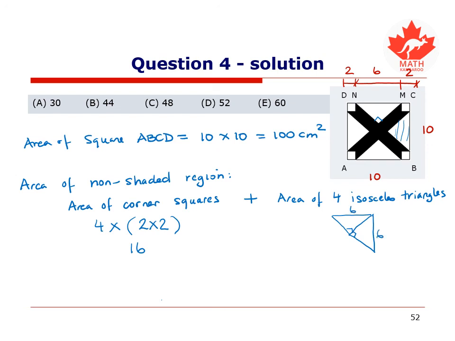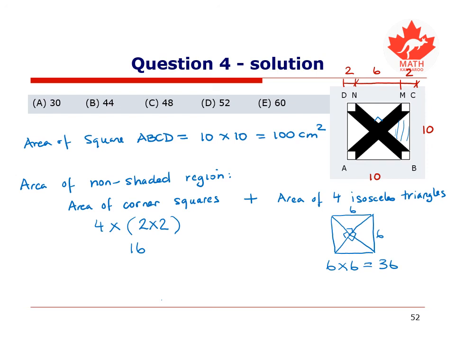The triangle then to the left, right angle triangle, and then if we take the triangle on the bottom, we end up with a square which is 6 by 6, and the area of this square is equivalent to the area of the 4 isosceles triangles added together. So the area here would be 6 times 6, which is 36.